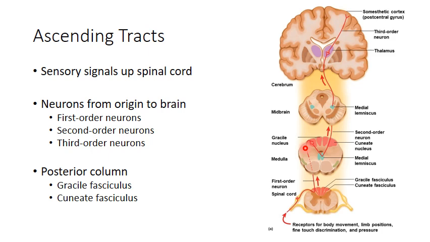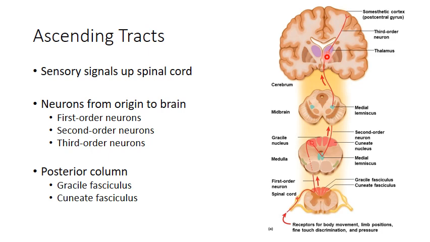Our second order neuron is usually going to continue carrying that information to the thalamus or into our midbrain, depending. So this one takes us up through the midbrain and into the thalamus. The thalamus, keep in mind, if you don't remember, is going to be our gateway to the cerebral cortex. So it is going to take that information and filter out anything that is unnecessary or unimportant or should be ignored.